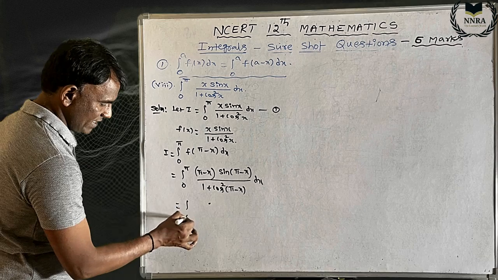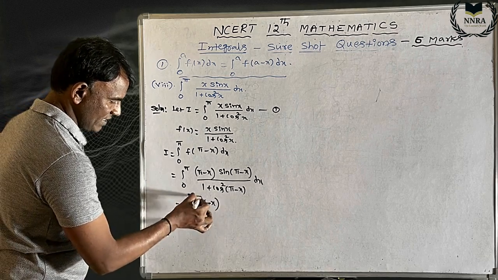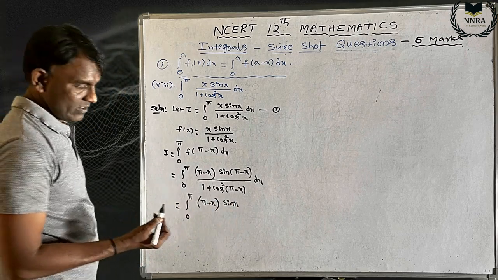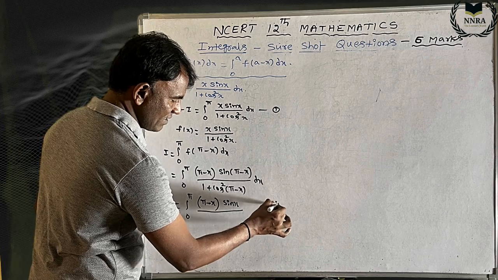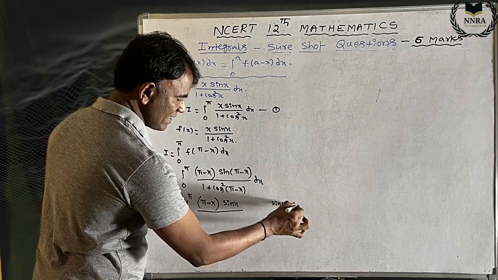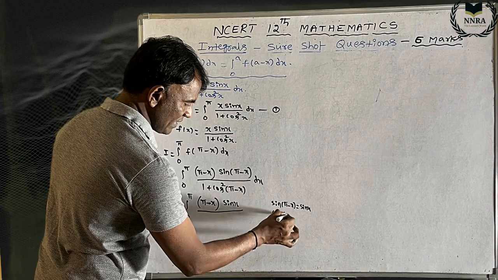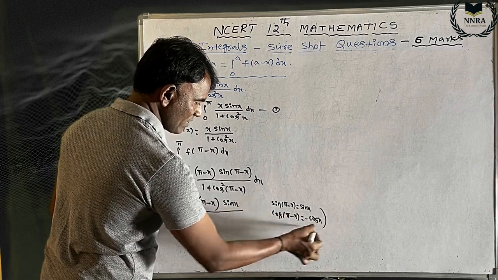So again it is 0 to pi, (pi minus x), sin of (pi minus x) is sin x only. Got it? Sin of pi minus x equal to sin x. And cos of pi minus x can be written as minus cos x.